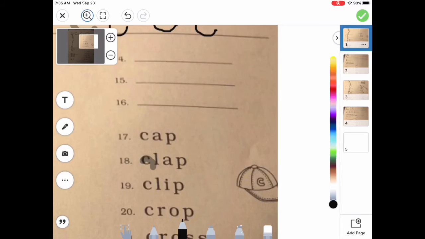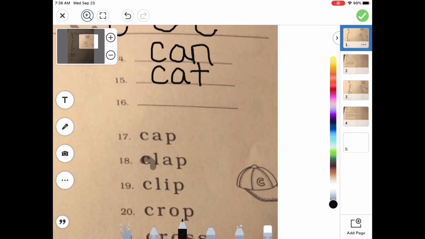All right, on number 14, we're going to try to spell the word can. Can, and that's one of our sight words, so you might just know it. It's k, C, A, N. Very good. On number 15, cat. So k, C, A, and then T.